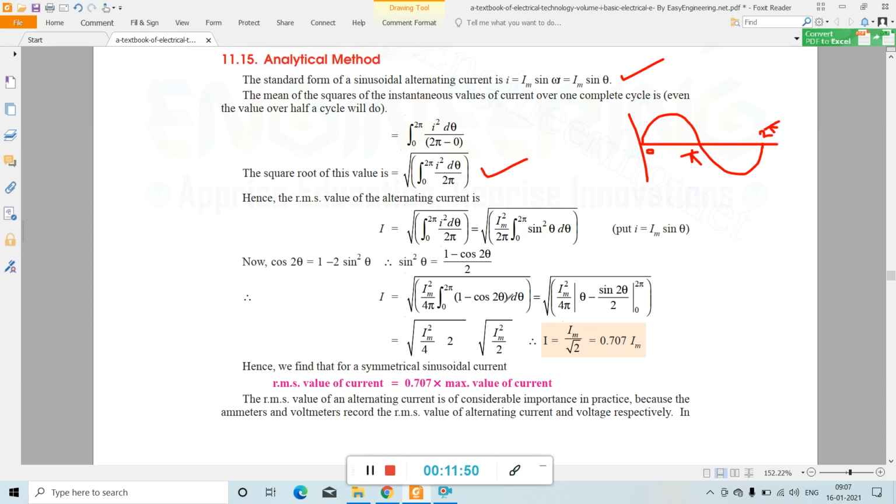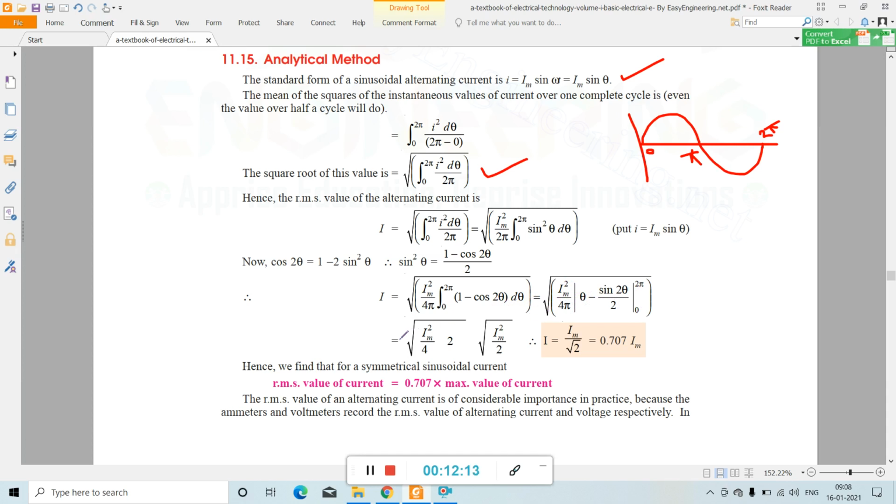So 2 into 2 gives 4 pi. So Im square by 4 pi, integration from 0 to 2 pi of (1 minus cos 2 theta) d theta, and over the whole we take the square root. Then this is converted into Im square by 2, which comes from solving this expression using trigonometric identities.